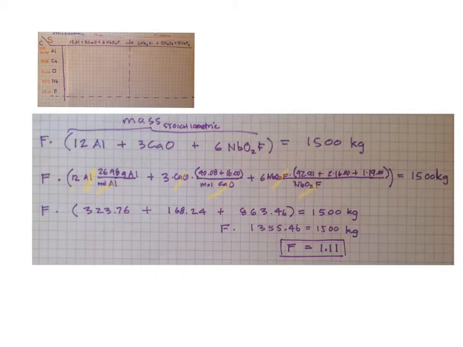What we end up getting is that our F value, this factor, is 1.11 times the stoichiometric mass. So there's some factor out here, 1.11. So this becomes our new basis.